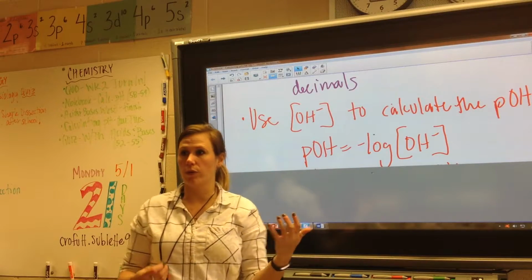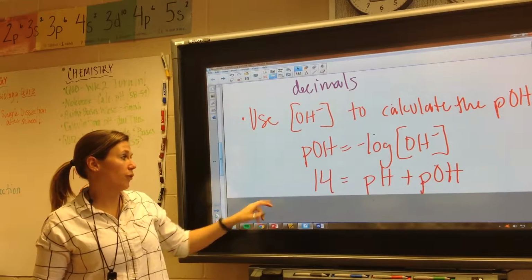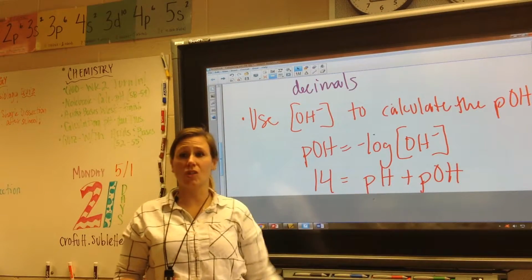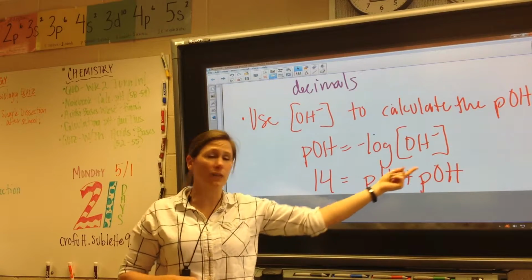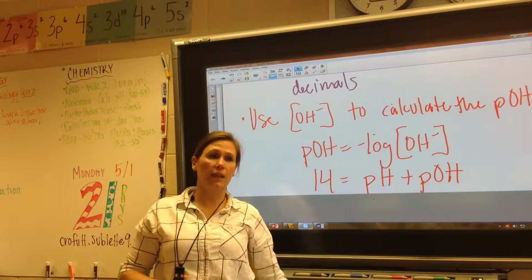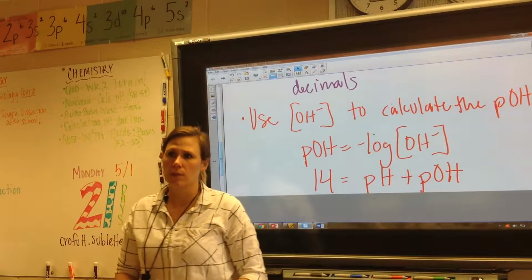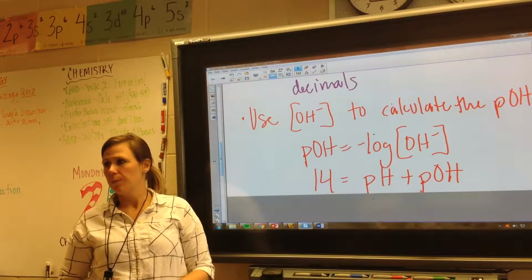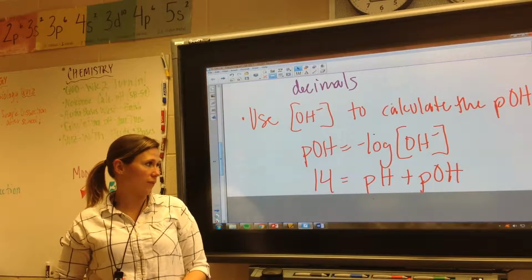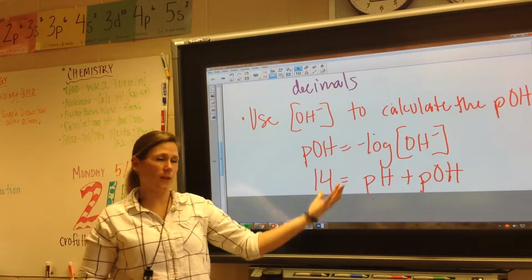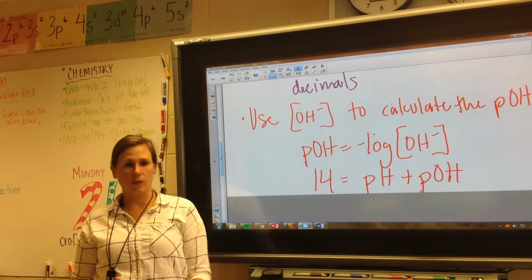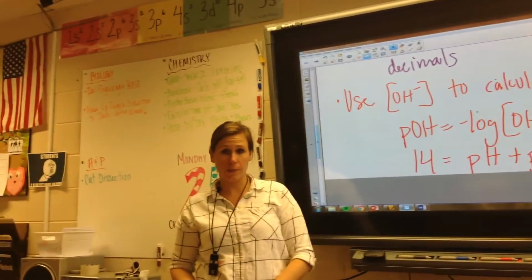You add them up, they equal 14. Okay? So 14 is equal to the pH plus pOH. So if you're given the pH and asked to find the pOH, just subtract it from 14. Easy peasy. Vice versa, if you're given the pOH and asked to find the pH, you would just subtract that from 14 to find the opposite.